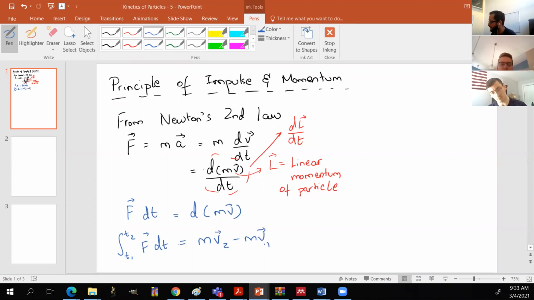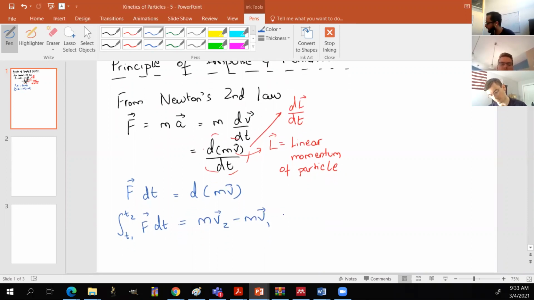right? And this is basically the impulse momentum expression, because we can say that this integral over here is referred to as the impulse of the force during that time period.